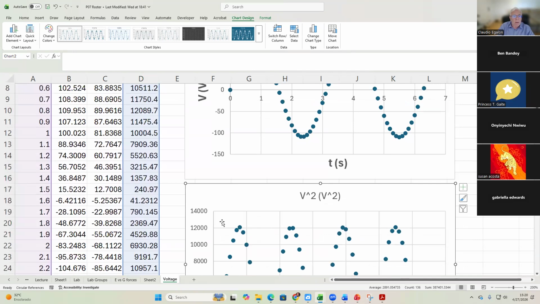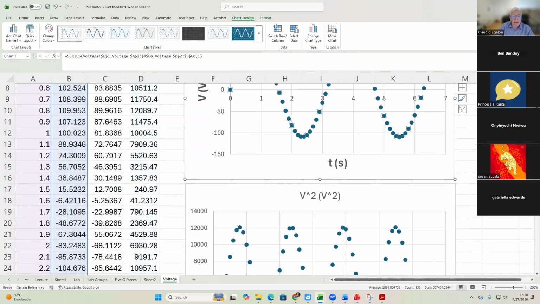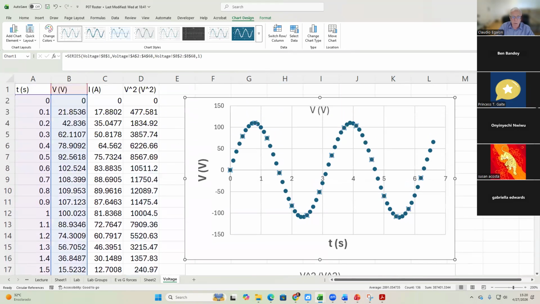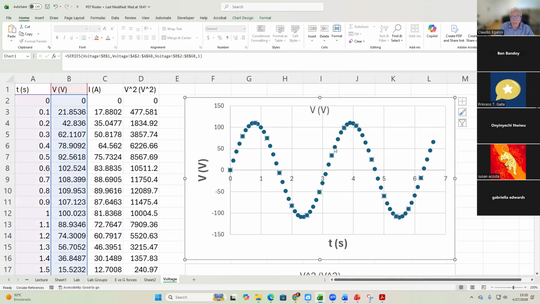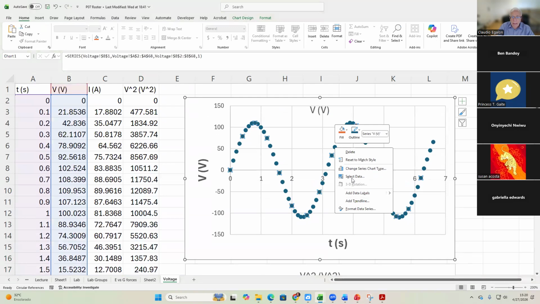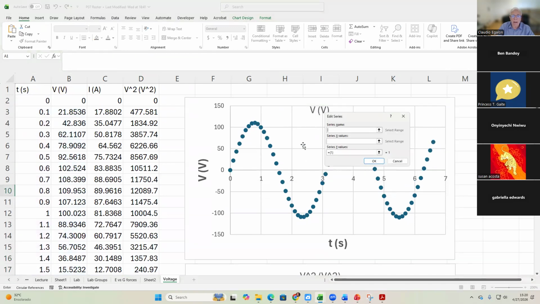Let me do the following. I'm going to plot this one right in here. I'm going to superimpose them so you can see them better, right? Here you go. Select data. Let's see, that's the one. I want to add this one, just like we did before, right?